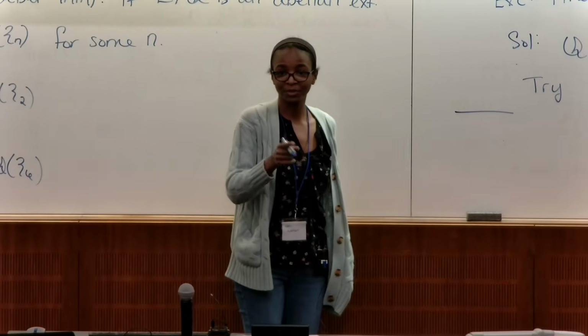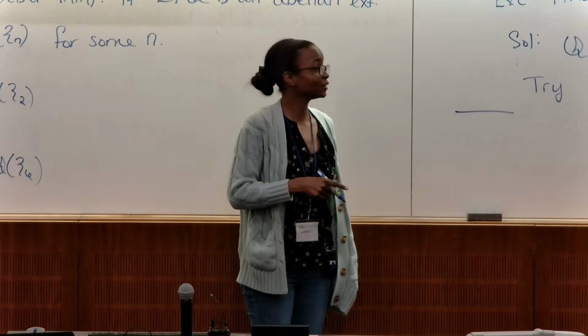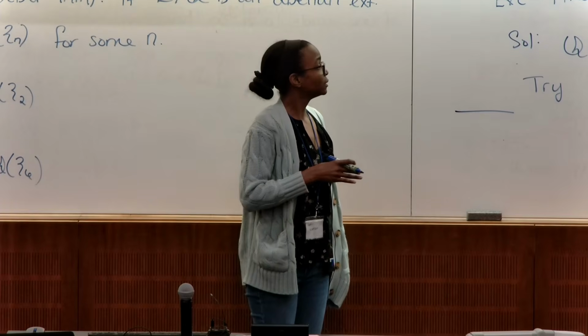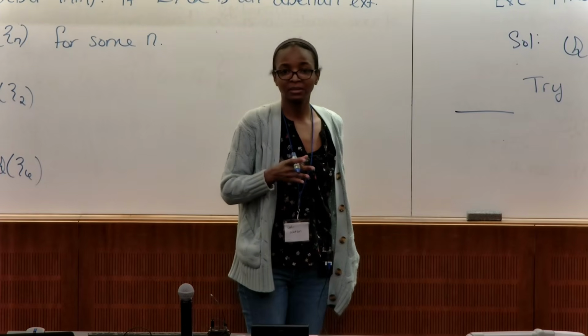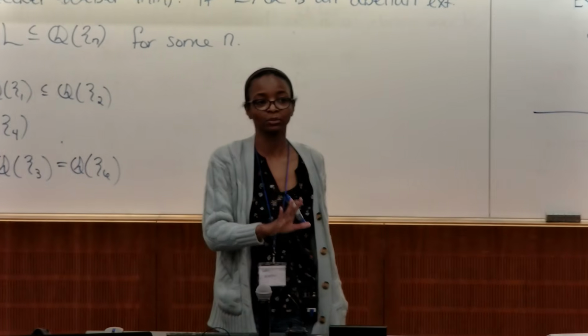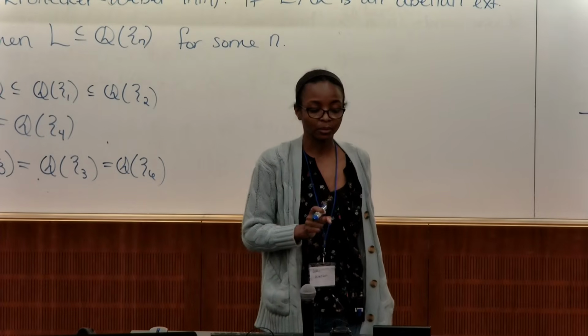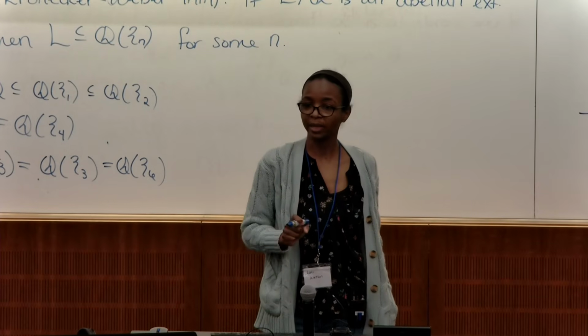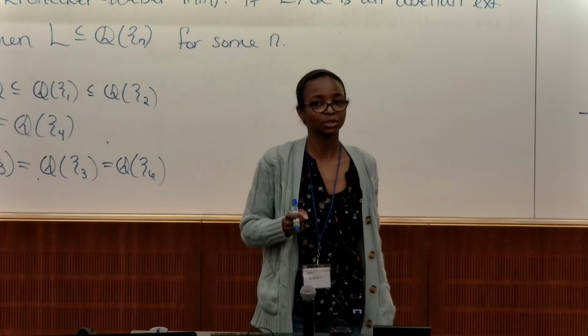But I'm going to half answer your question by giving you an example of how you can show that Q adjoined root 5 is in the 5th cyclotomic field. And then I will tell you what the exercise was, but I will leave it to you if you want to do some quadratic things on hard mode and you feel like it's been a while since you played with the Legendre symbol.